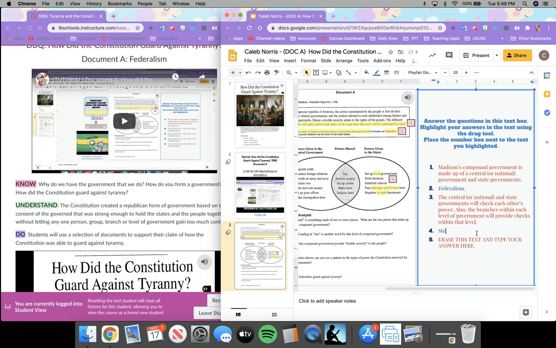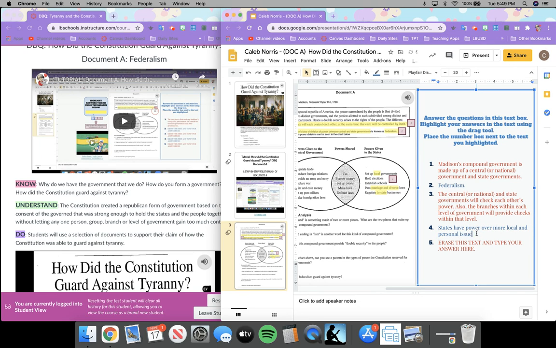So states have power over more local and personal issues, right?